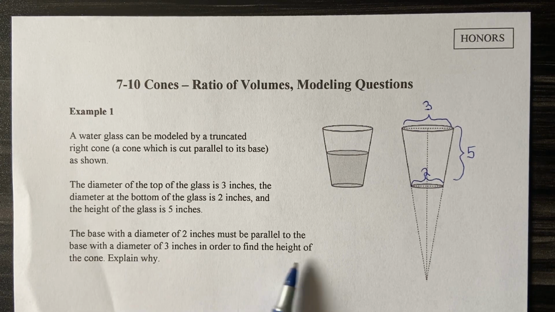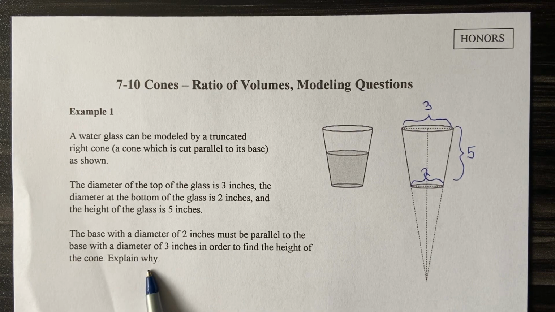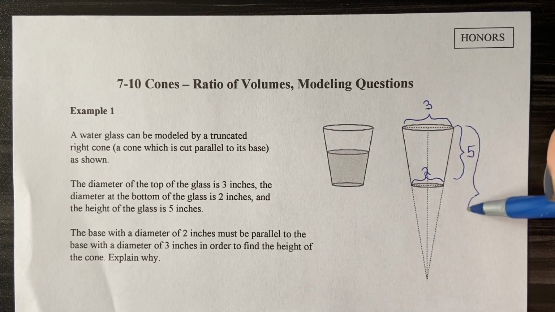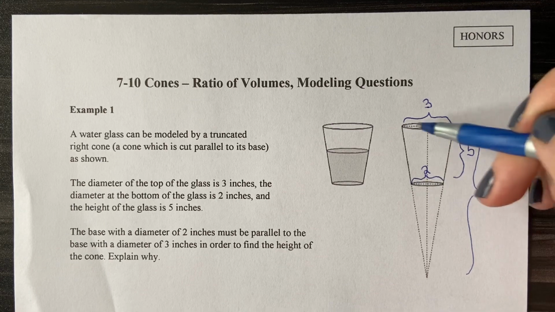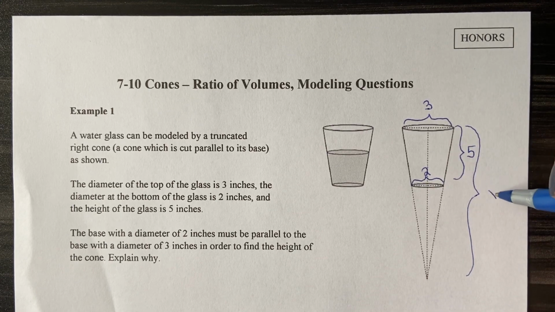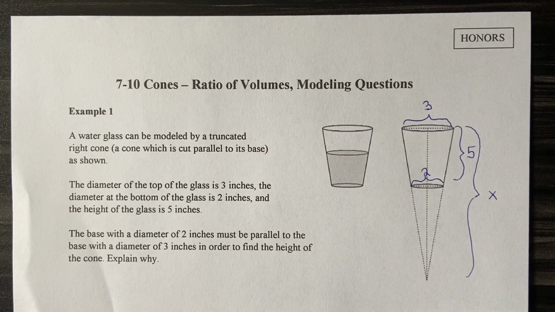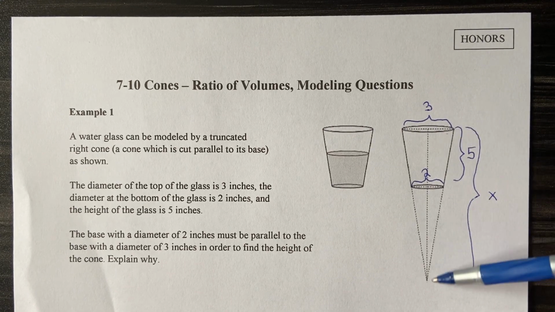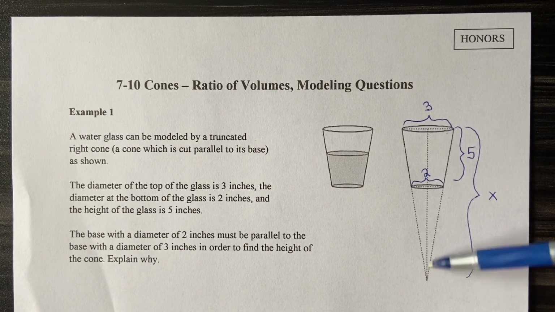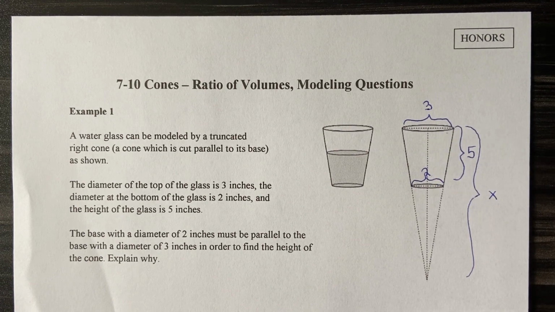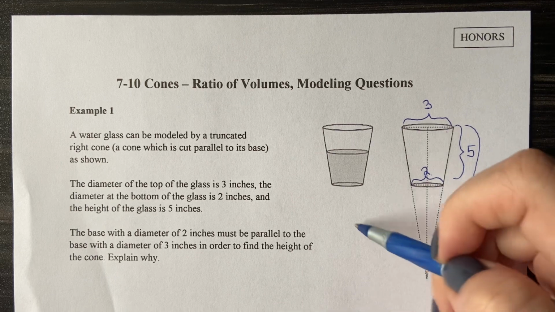Okay. The base with a diameter of 2 inches must be parallel to the base of the diameter of 3 inches in order to find the height of the cone. Why? In other words, if you wanted to find the height of this cone, why do those two bases have to be parallel to each other? You want to think about this two-dimensionally. That's why they're giving you a picture of a two-dimensional cross-section perpendicular to the bases. Think about this picture broken down simplistically.